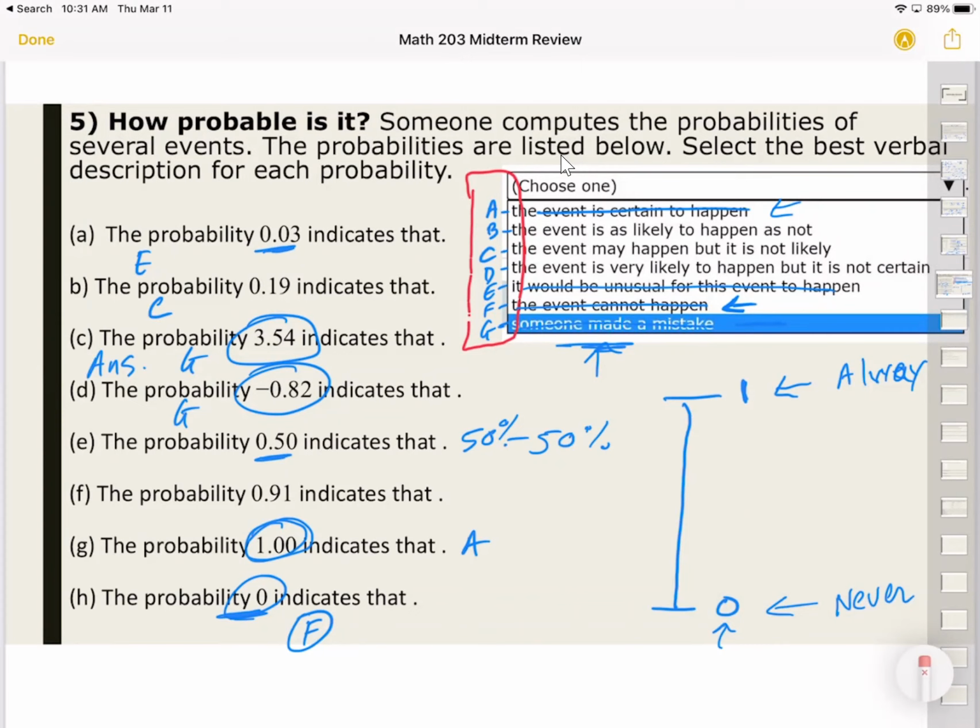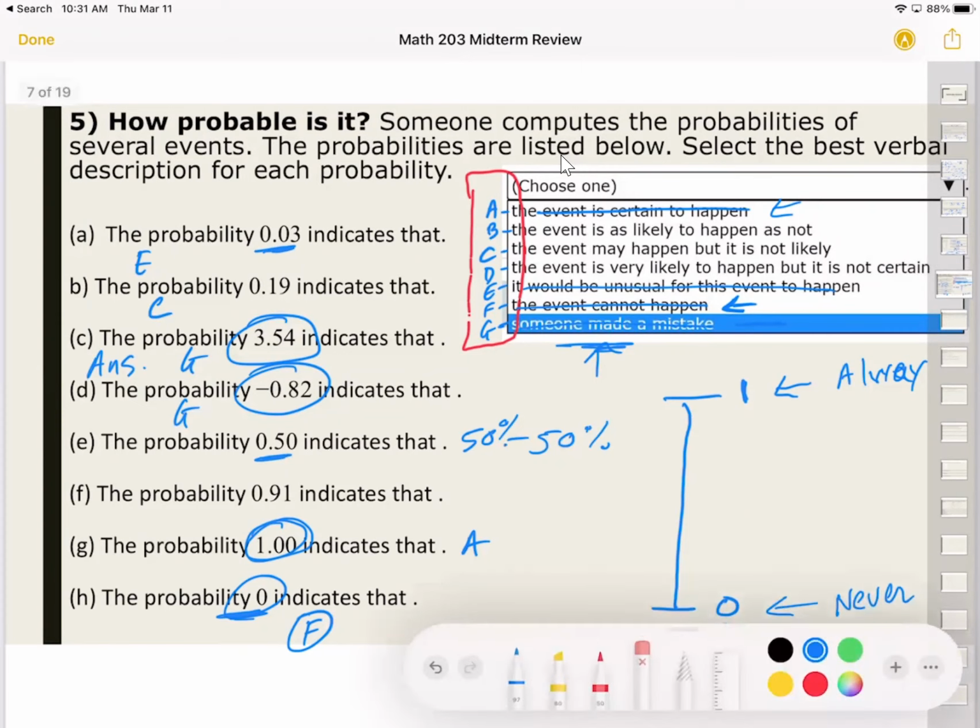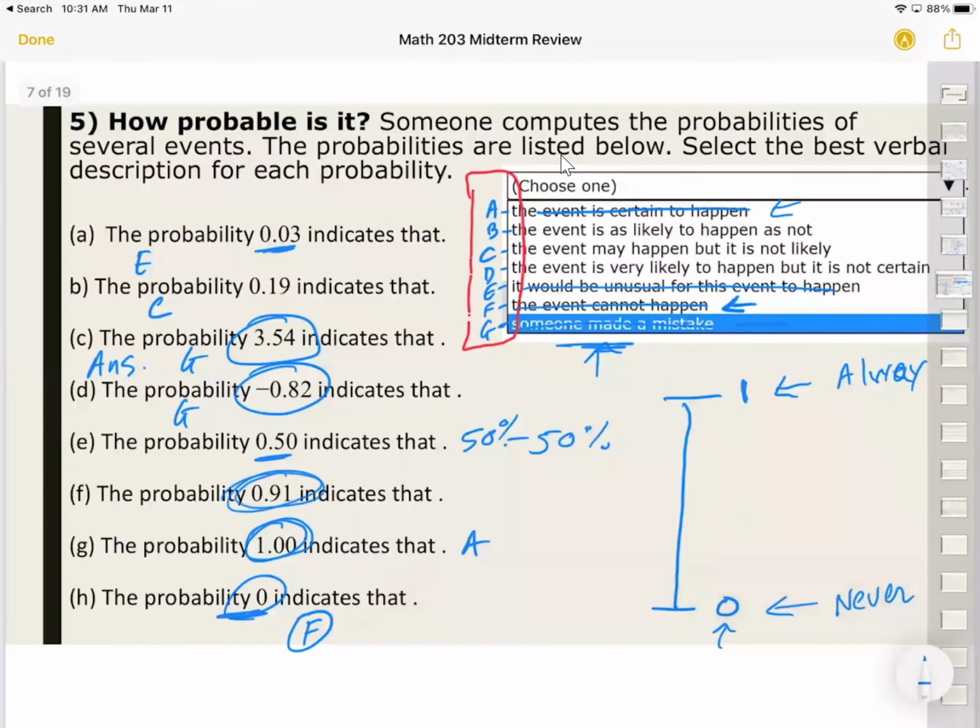And lastly, what about 0.91? Well, 0.91 will be very likely to happen but not certain, because in order to be certain, it has to be 1, which means it will always happen. But 0.90 is closer to 1, which is very likely to happen but not certain.